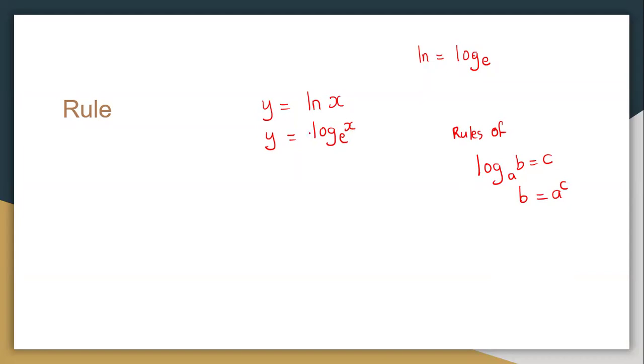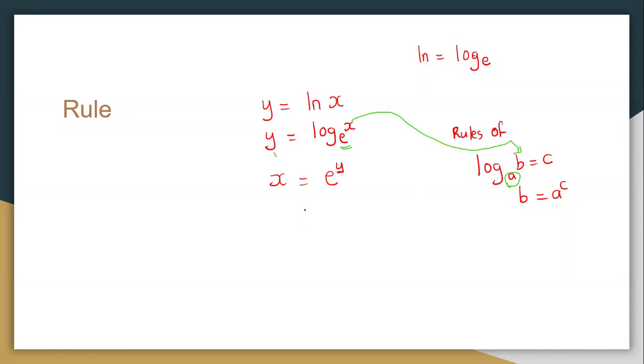So when I apply the same knowledge here, it means that your A is the e, the x is the same as B, and your y is the C. So meaning that we can have this written as x is equal to e power y.